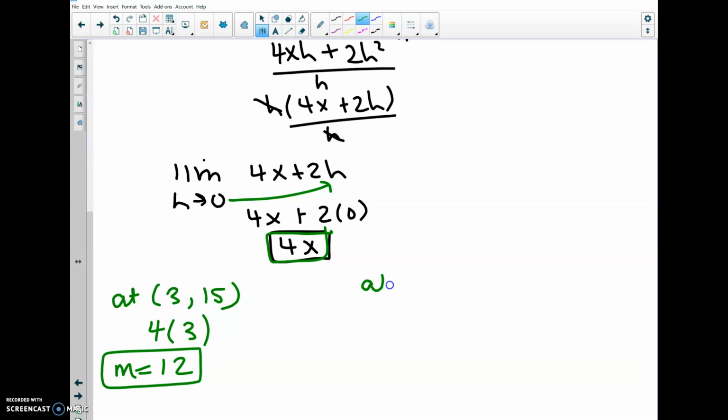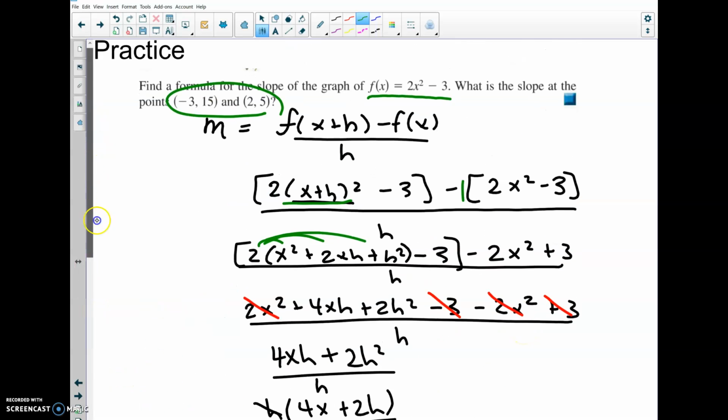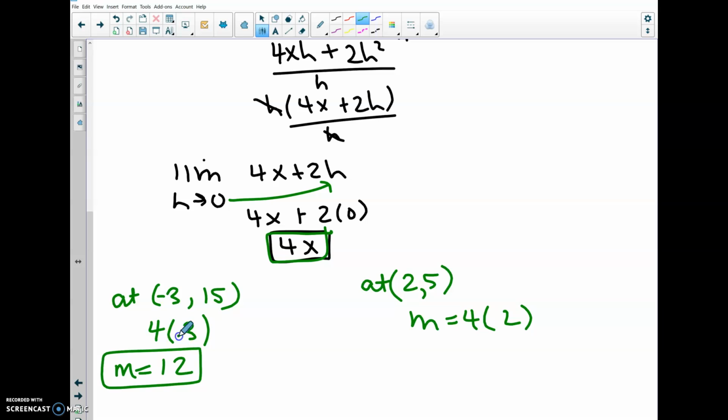At 2, 5, our slope is 4 times 2. Over here at 2, 5, our slope would be 8.